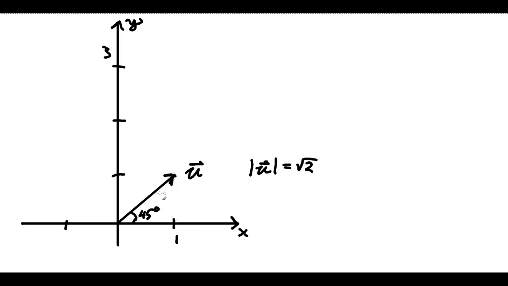You know from trigonometry, this is a 45-degree angle, and this is square root of 2 units long. That means we were going right 1 and up 1, right? So we have that endpoint located at 1, 1.